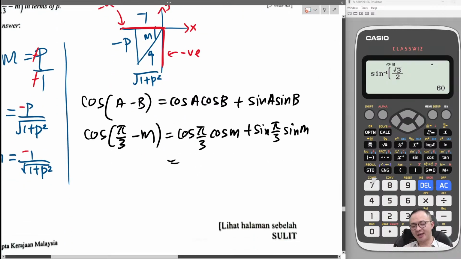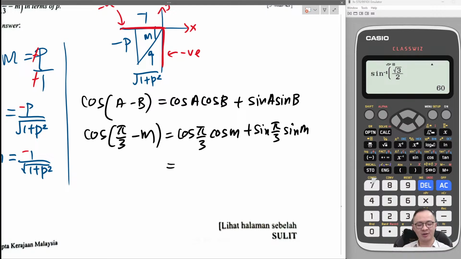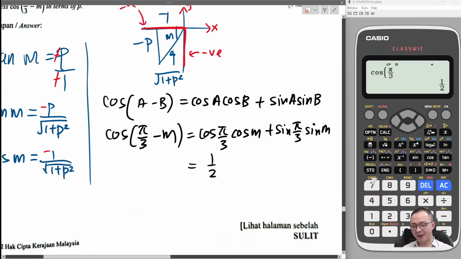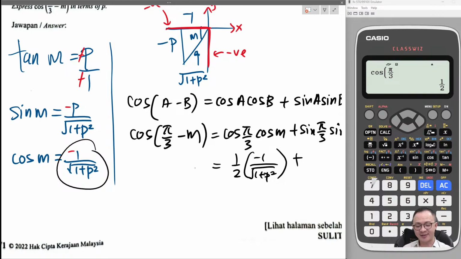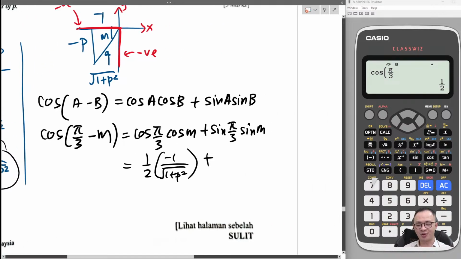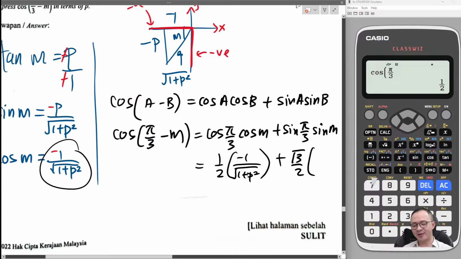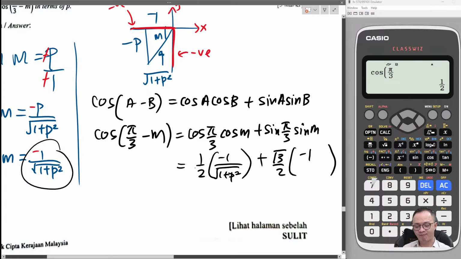Then we insert pi over 3, all this you type in the calculator. So change the angle unit to radian, then you just type cos pi over 3, which is 1 over 2. And cos m, we just got it here: negative 1 over square root of 1 plus P squared. Plus sin pi over 3, this one you can type, so root 3 over 2. And sin m, you insert negative P over square root of 1 plus P squared.